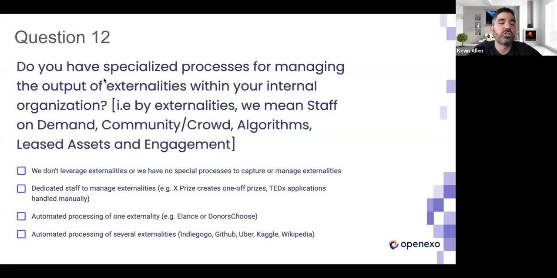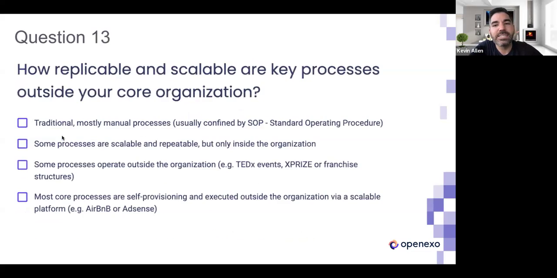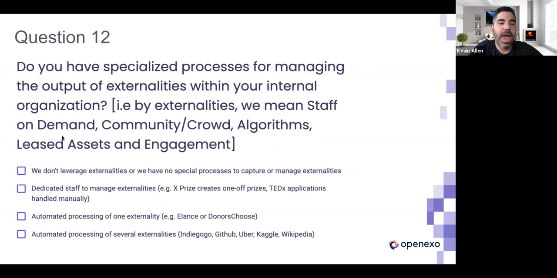We then go on to, do you have a specialized process for managing the output of externalities within your internal organization? And so this is an interfaces question, and this one people may also struggle with.